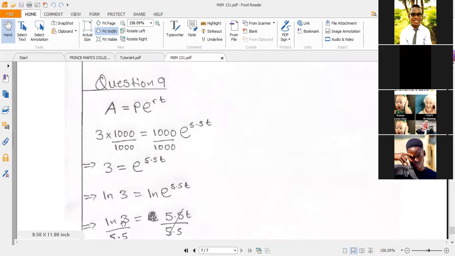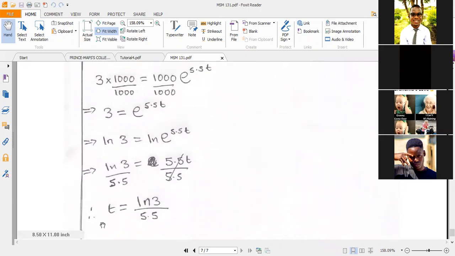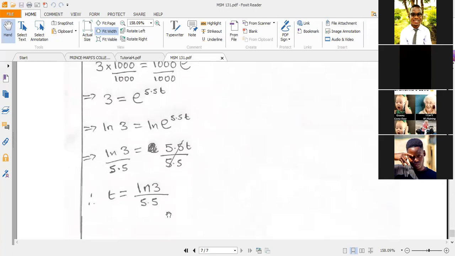So you remain with ln 3 is equal to 5.5t. Then you divide by 5.5 because what you want is the t. So your t is equal to ln 3 over 5.5. But you can't proceed from there because you are not allowed to use a calculator. So you leave your answer just there.